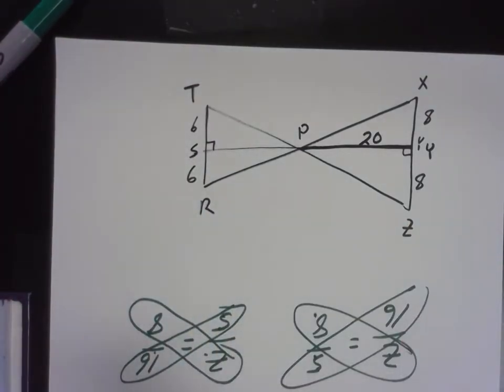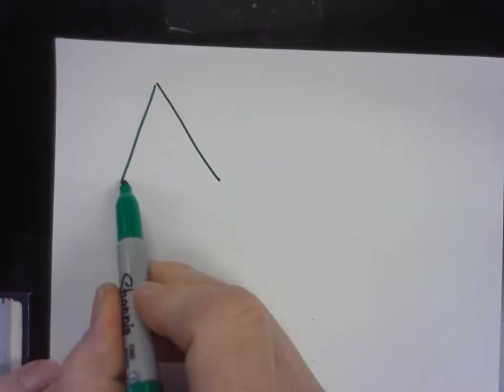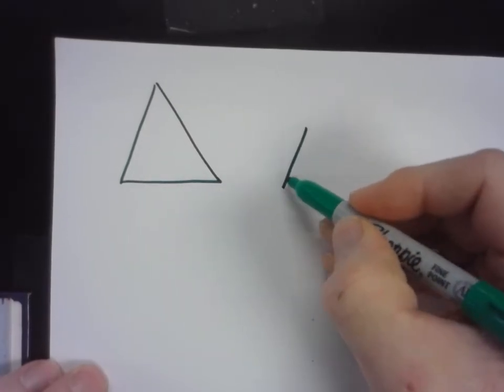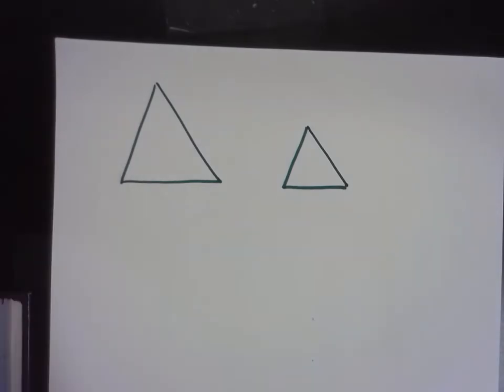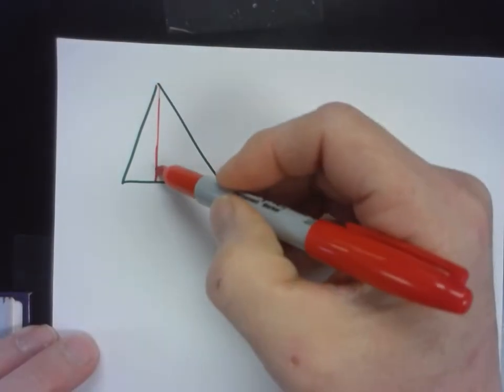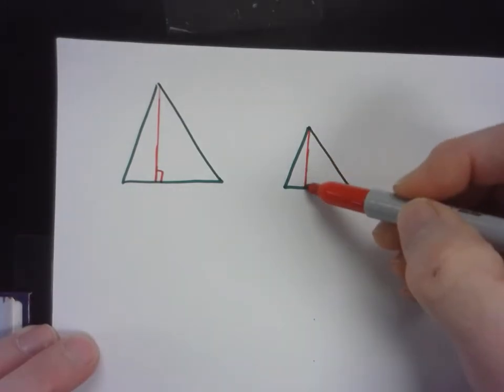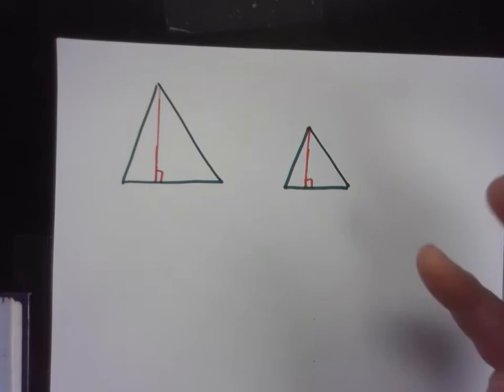I know it seems a little weird that those altitudes have the same proportion, but let me just show you. So I have a triangle, and then I have another triangle. I'll try to draw it similar. Okay, so if these two triangles are similar, if we draw an altitude in, what do you think? Are they going to be in that same proportion? Yeah, they're going to be proportional again.